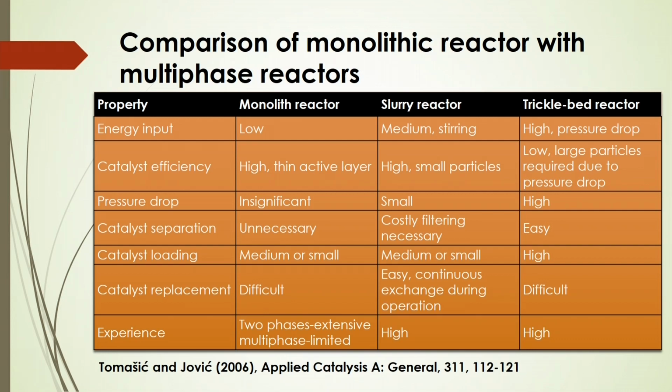And also if we consider pressure drop, of course in monolithic reactors it will be insignificant, whereas in slurry and trickle bed reactors it may be medium and high respectively. And for catalyst separation, the monolithic reactor does not require that criterion, and for the slurry reactors it is of course required, because to regenerate the catalyst particles you have to separate them from the multiphase mixture.